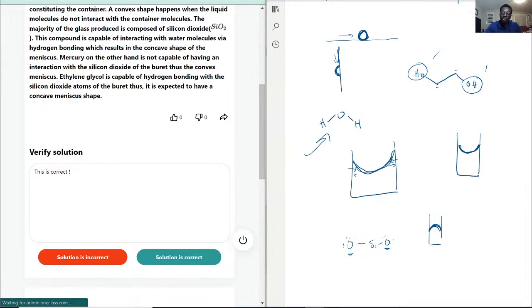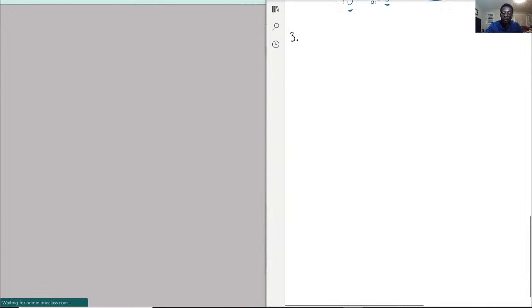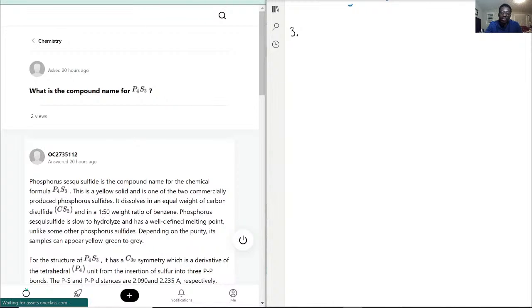And now let's move on to question 3. Alright, so what is the compound name for P4S3? You're probably pulling your hair out because, what the heck is this? I've never seen this in my life.